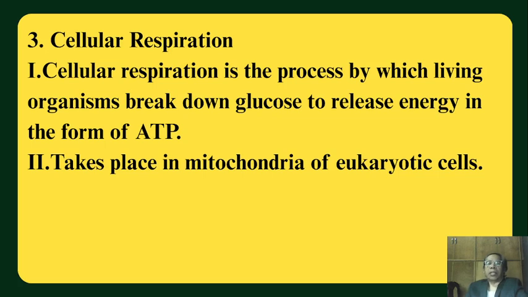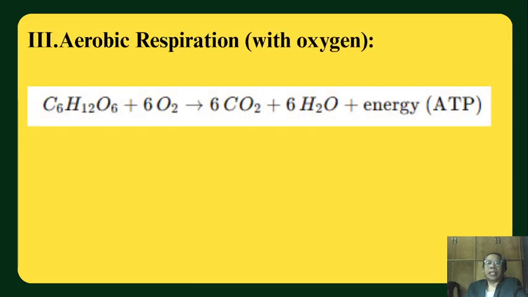Cellular respiration. Cellular respiration is the process by which living organisms break down glucose to release energy in the form of ATP, adenosine triphosphate. It takes place in the mitochondria of eukaryotic cells.